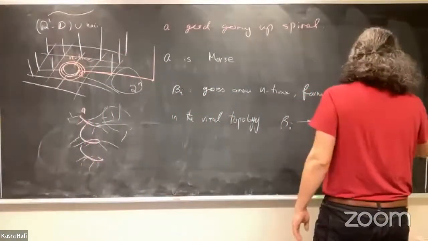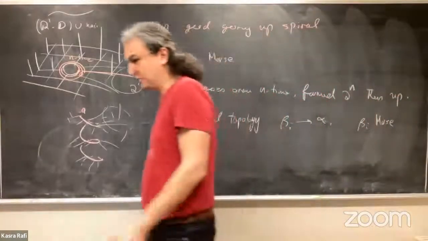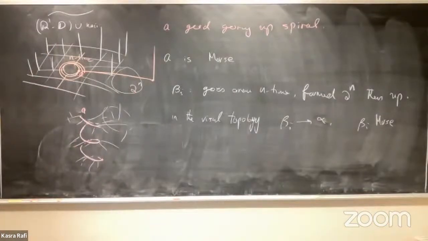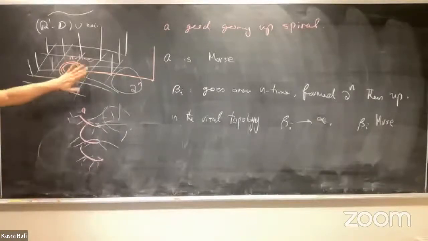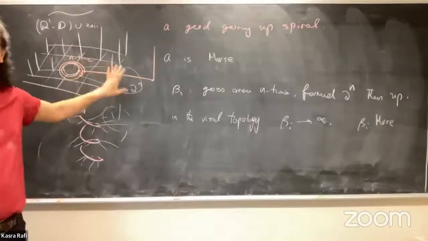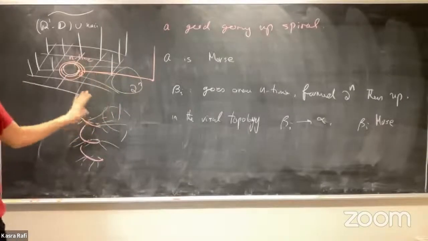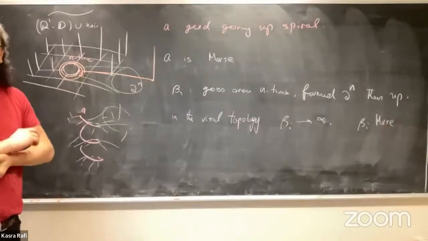In fact, the beta i's are all Morse. Forget about the sublinear case; all these examples already show up for Morse geodesics. But I don't think these should really converge to alpha. I want to convince you that having the beta i's converge to alpha would not be a good idea.